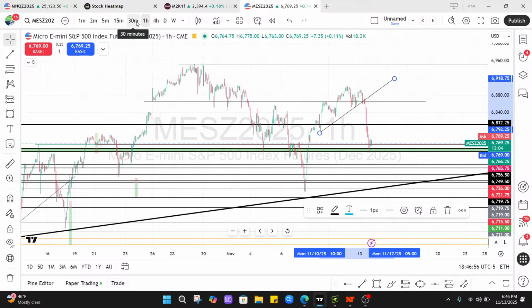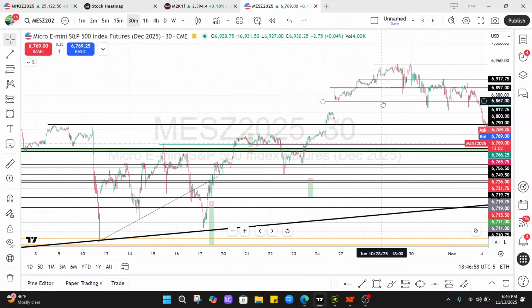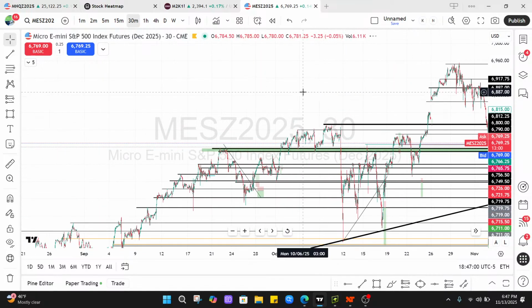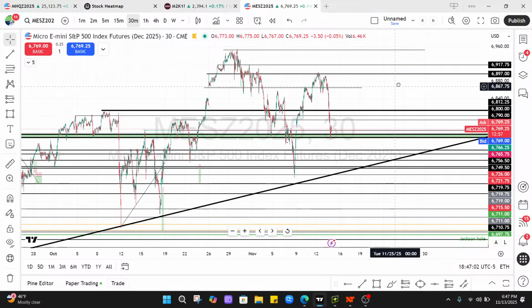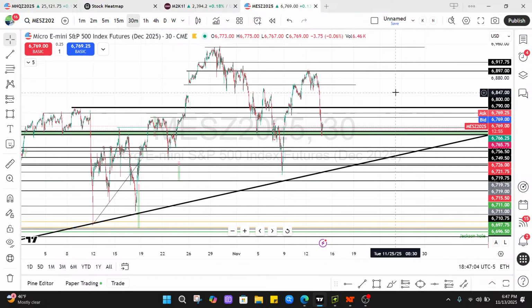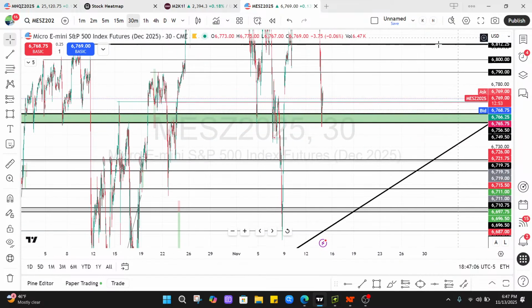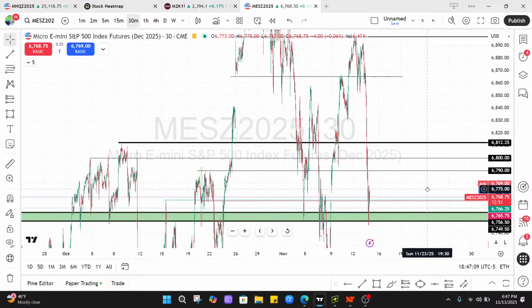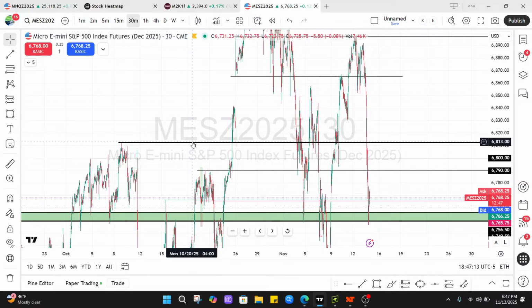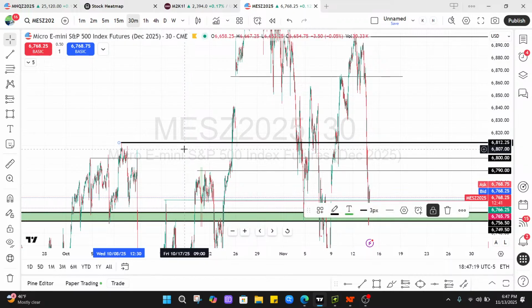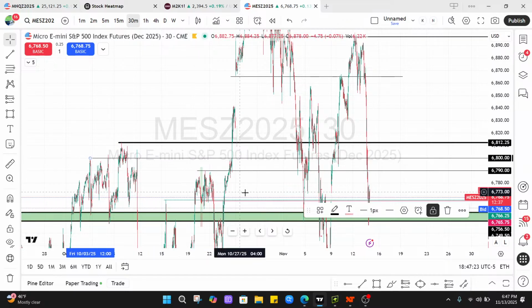But now let's zoom into the 30-minute. I just want to see what's the major level that I'm looking for. It looks like the major level that I'm looking for within the ES is this level right here, anywhere between the 6812s to the 6800s.